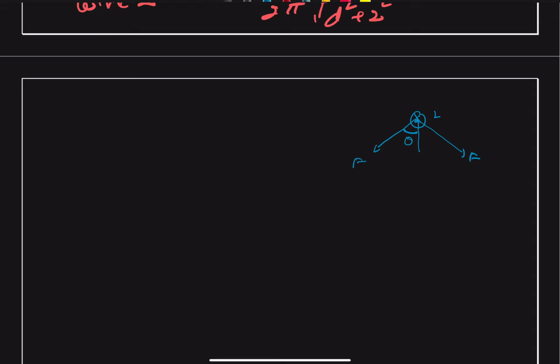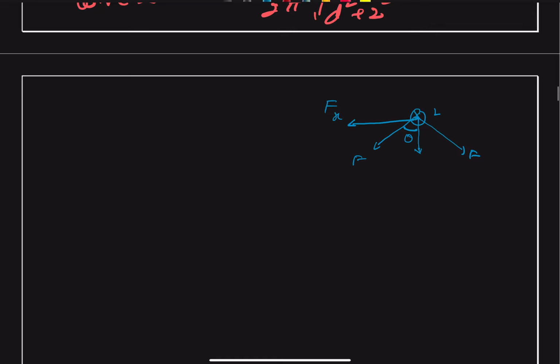One component is F sine theta, and in the downward direction we have F cos theta. For the other wire we also have the same: to the right F sine theta, and in the downward direction F cos theta. So the horizontal components are equal and opposite.